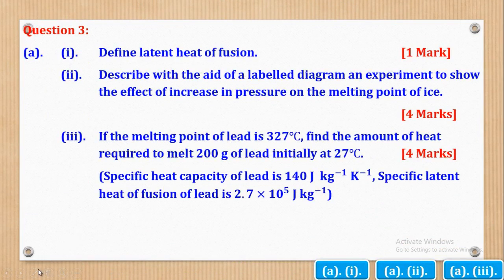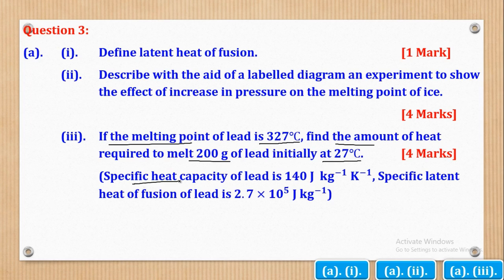Roman 3 says, if the melting point of lead is 327 degrees Celsius, find the amount of heat required to melt 200 grams, know this word grams, of lead initially at 27 degrees Celsius.